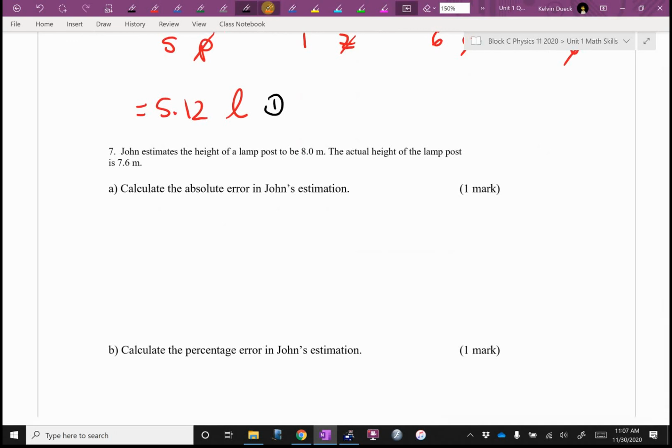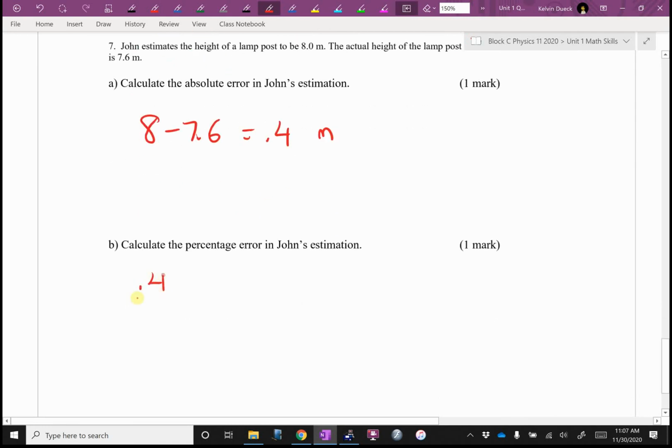Absolute error. Okay. 8 minus 7.6, or 7.6 minus 8, and then take the absolute value, but it's just easier to go bigger minus smaller. The absolute error, 0.4, yes? Meters if I stick the units. Percentage error, 0.4 divided by, what's the correct one? 7.6 times 100.